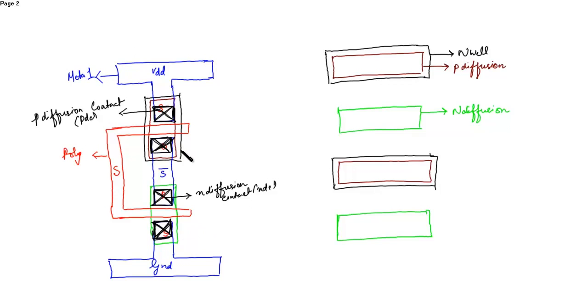Then after completing the diffusion contacts, you have to place the substrate contacts. So this is the N substrate and P substrate contact. So this is the N substrate contact, or the NWC contact.